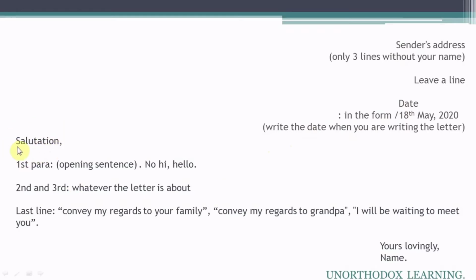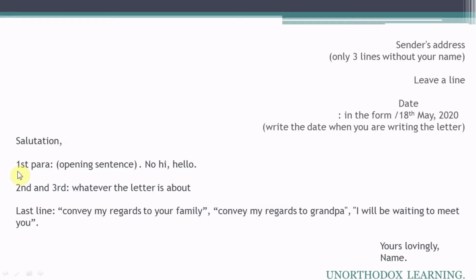Now the third point is greeting or salutation. Go to the left hand side of the page and write the salutation. The greeting or salutation has a line to itself and is followed by a comma. That means after writing the salutation you have to put a comma. The form of greeting will depend on the relation in which you stand to the person to whom you are writing.